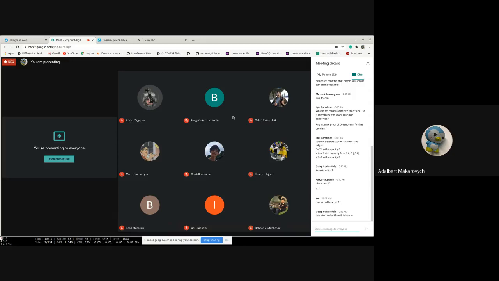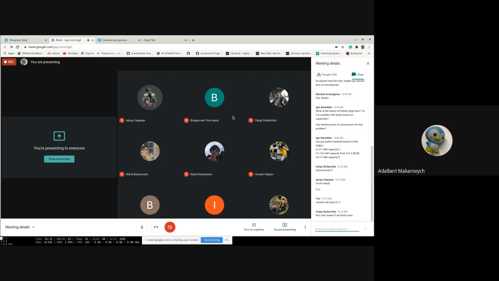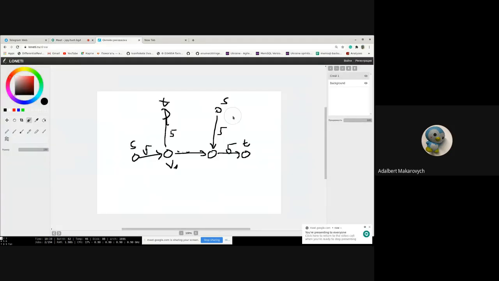So the last thing I wanted to discuss today is how to solve min cost max flow more efficiently. That can be done with Dijkstra's algorithm. But the issue with Dijkstra's algorithm is that it doesn't work well with negative cycles.